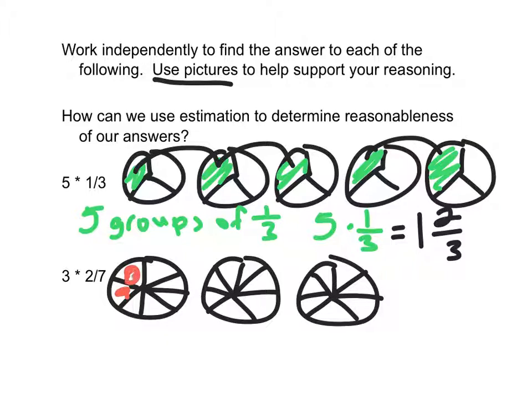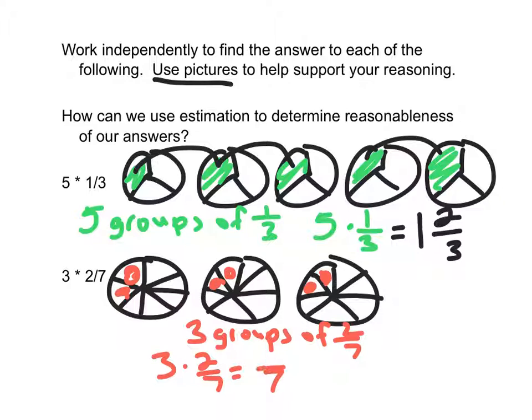And each one is going to have 2 sevenths shaded in. So in this problem, we have 3 groups of 2 sevenths, which becomes 3 times 2/7. In the end, we still have sevenths. Since there's 3 groups of 2, we have 6 sevenths, so 6/7 would be our answer.